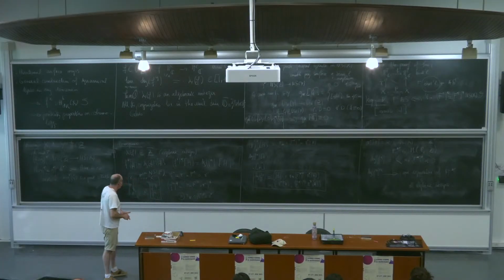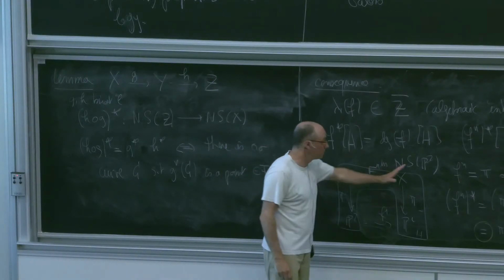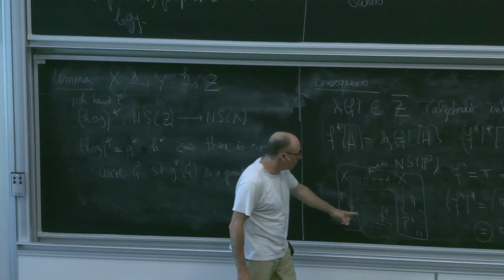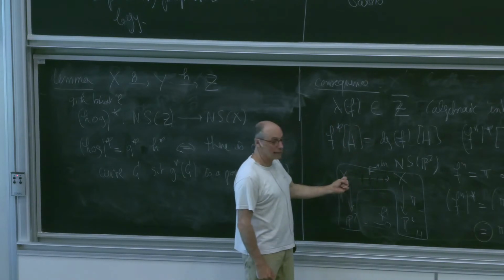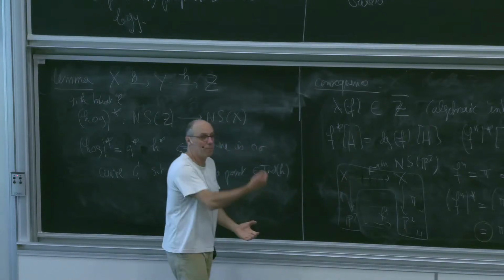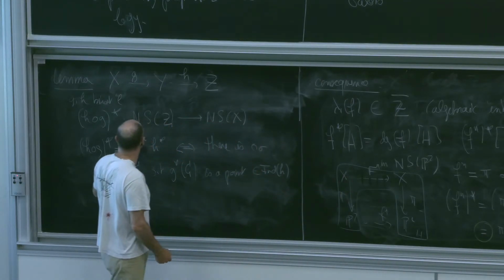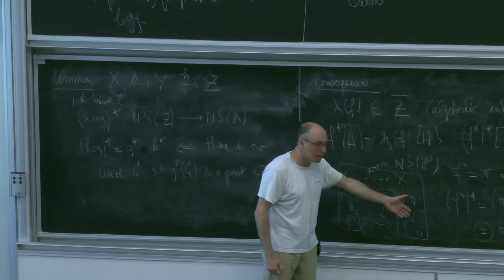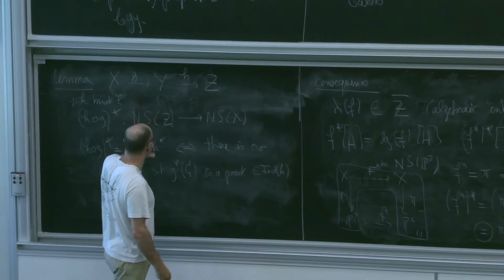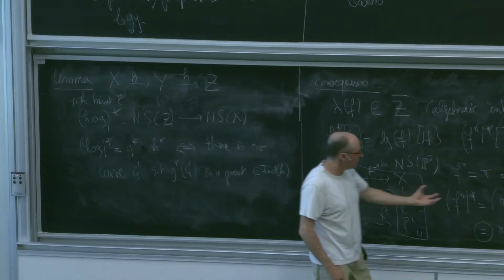So f a priori is bad, it can contract things. But here you're composing with π minus 1. So you go from P2 to X. You're blowing up things. So you don't contract anything, okay? So the composition of π minus 1 with anything satisfies this lemma. And so you can take this out, okay?